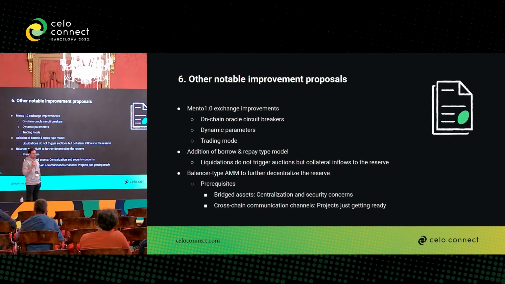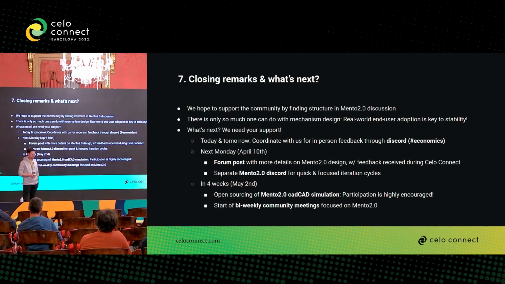There are a couple of other notable improvement proposals that this group arrived at, and we will share more details on those in a forum post and on Discord and so forth. Just some notable mentions: Mento 1 exchange improvements, something like dynamic parameters, for example. We are thinking about a borrow and repay type of function and about a Balancer-type AMM to further decentralize the reserve. Let's speak in more detail about this async or after this conference, after the talks today.